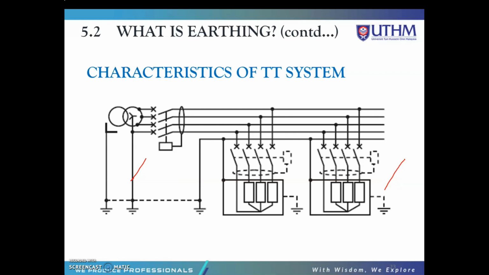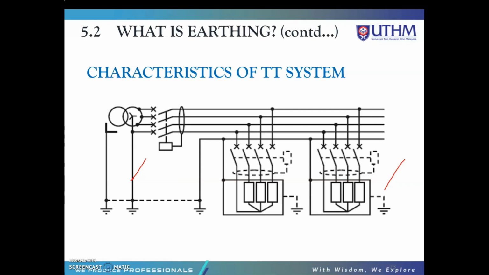So this is a simpler solution to design and install. It is used in installations supplied directly by the public low voltage distribution network. It does not require continuous monitoring during operation. Protection is ensured by special devices, the residual current devices, RCD, which also prevent the risk of fire when they are set to 500 milliamps.